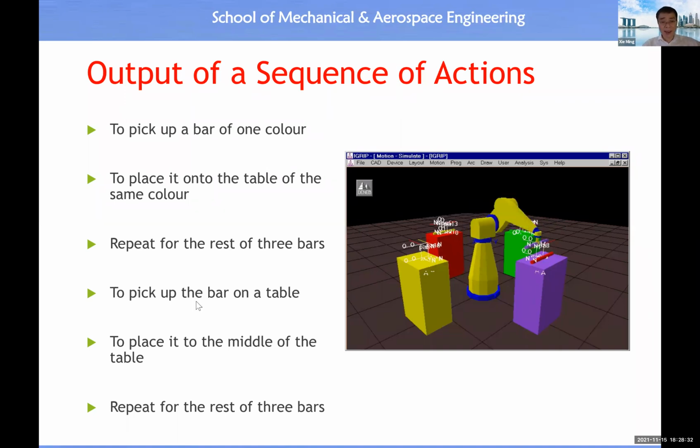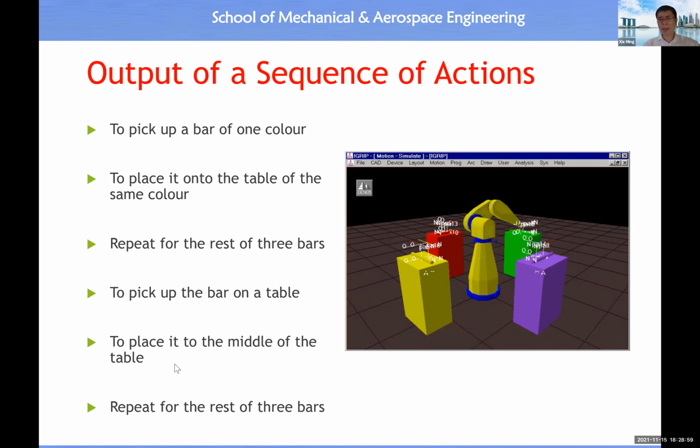Since we also need to place the bar at the middle of the table, we pick up the bar on the table, place it in the middle of the table, and then repeat these 2 actions.